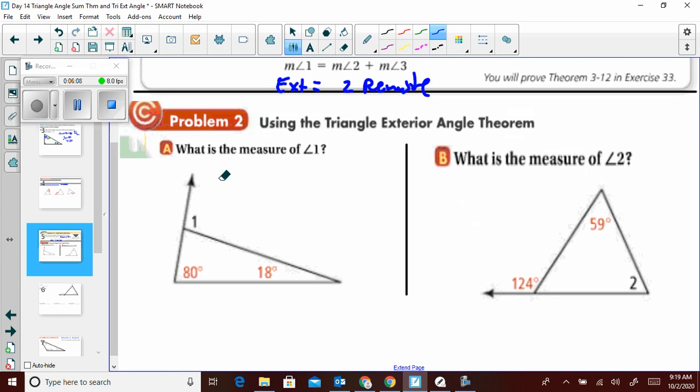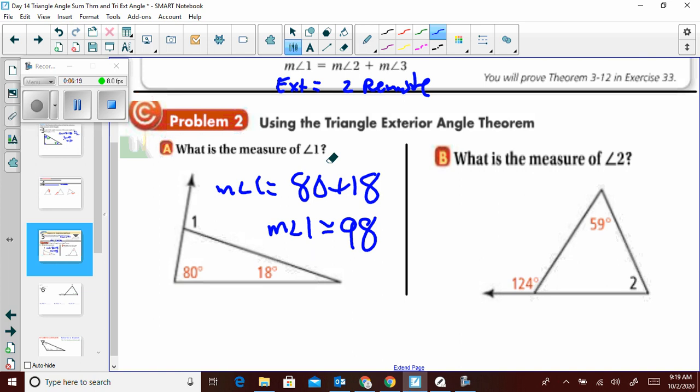Let's look at that. So that means the measure of angle 1 is equal to 80 plus 18. The measure of angle 1 is 98. And that is by the triangle exterior angle theorem. Here we have the exterior angle.